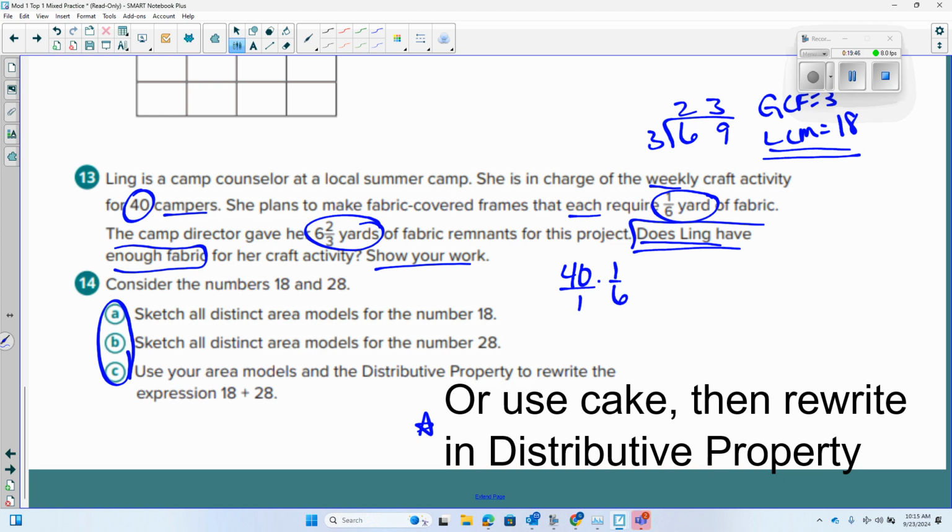That gives me, after a reduction of 3, 20/3, or 6 2/3. Did the camp director give her enough? Yeah, in this case, just enough. Exactly. Yes, you had exactly what you needed.